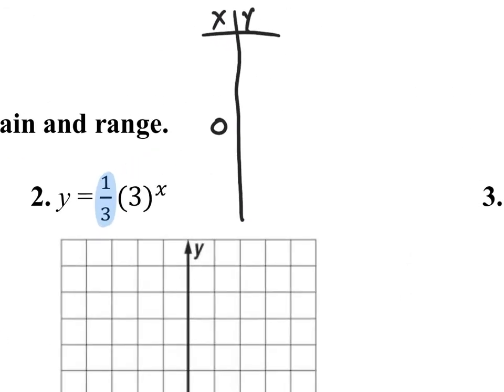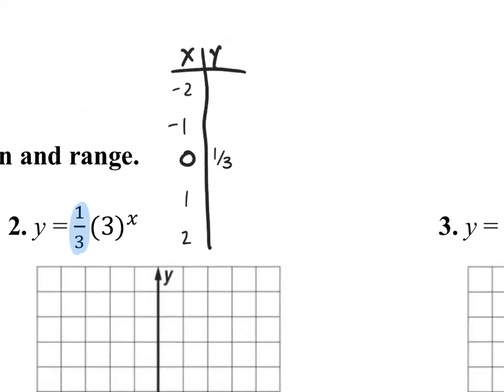Now, in terms of making other values for this, we have a couple of options. I could go through and I could evaluate this function, 1/3 times 3 to the x. I could substitute in all the different x values and find out the number.